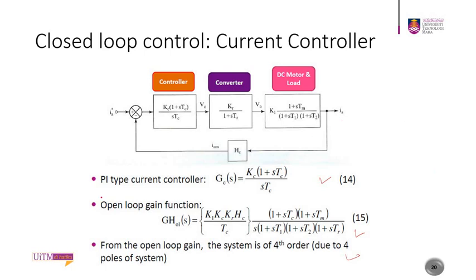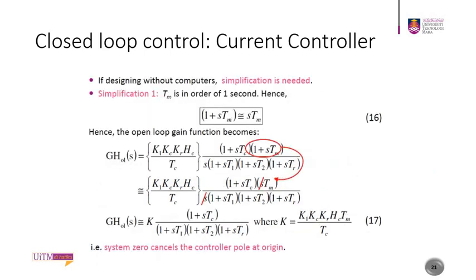So if you're designing without computers, you need to simplify. So simplification number 1: TM is in the order of 1 second. Hence your open loop gain function becomes this, and the system zero cancels the controller pole at the origin.